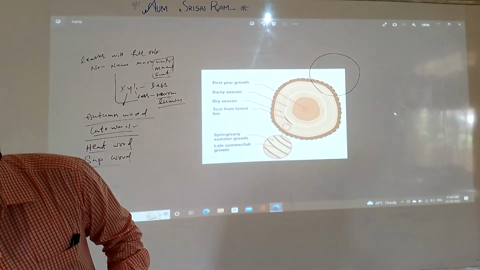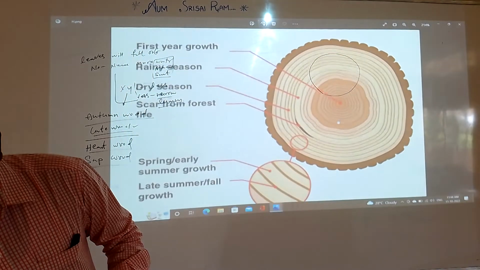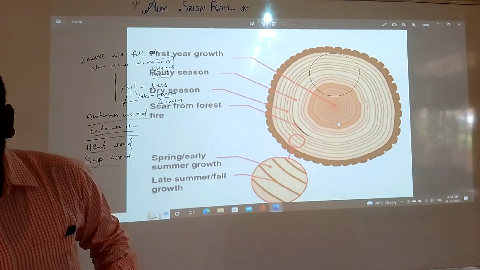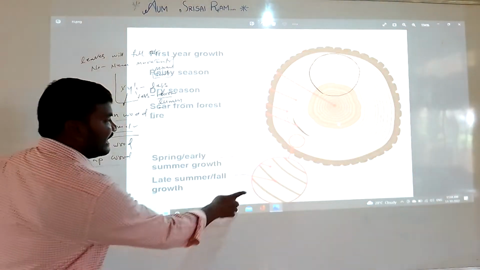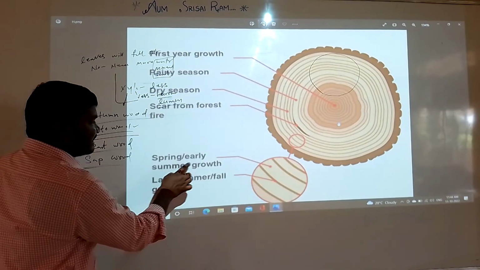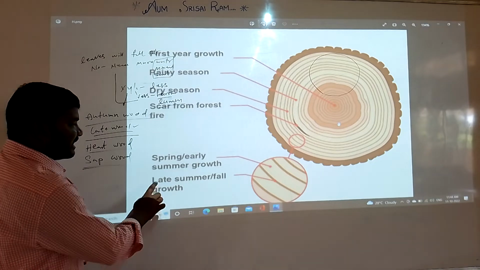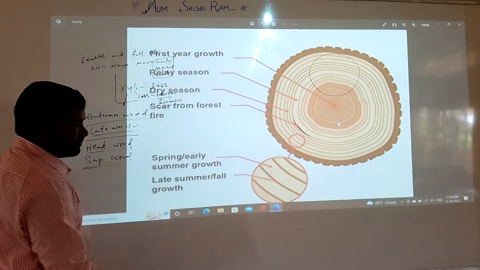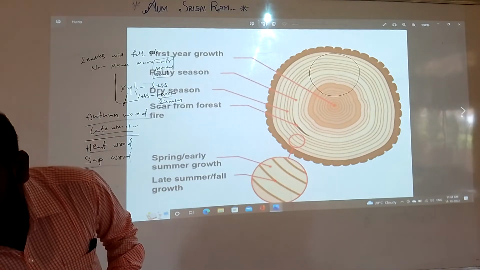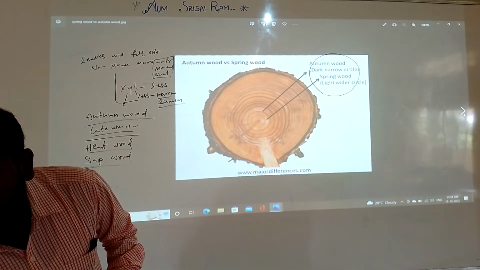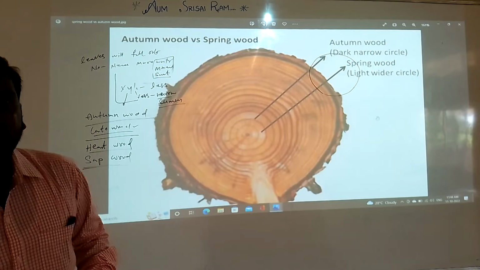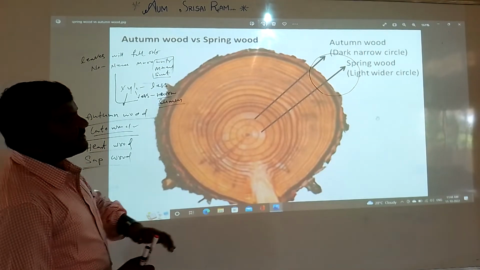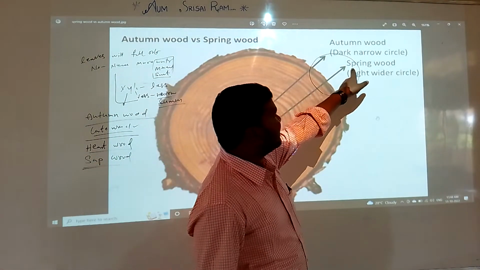So let me explain the next diagram. What you can observe here is spring wood, early wood. It is a summer growth. It is late summer, fall growth. So these are the two types of conditions. In another diagram I will show clearly. When you look at a stem anatomy, here you observe spring wood.